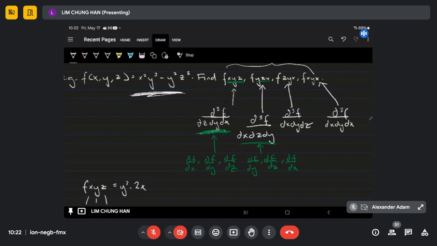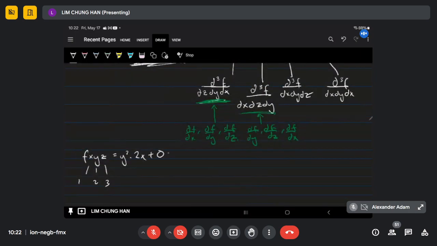2x. And then the second term, y squared z cube, it's all constant. Y is constant, z is constant. So what happens when you differentiate a constant? 0. Yeah. Sorry, we need to do it step by step.